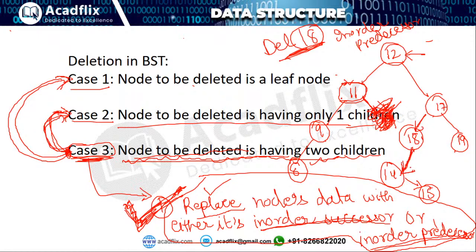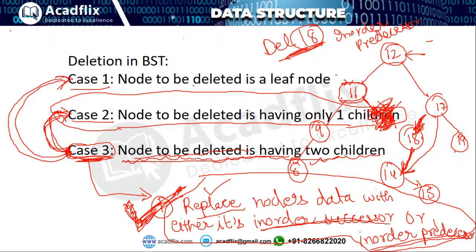Now I can do the deletion according to case 2, which is a very easy thing to do. In case 2, I make sure that my parent's pointer points to the child.